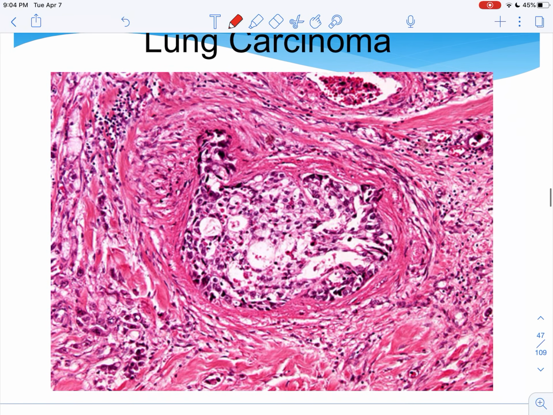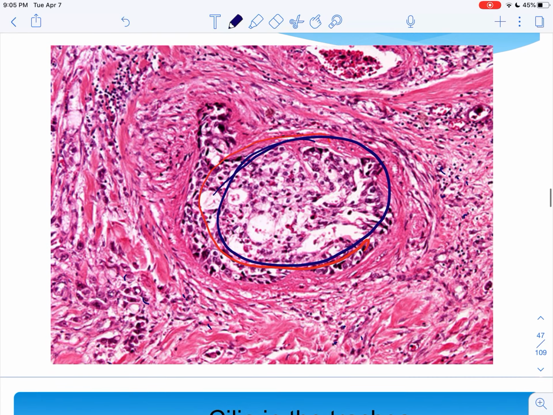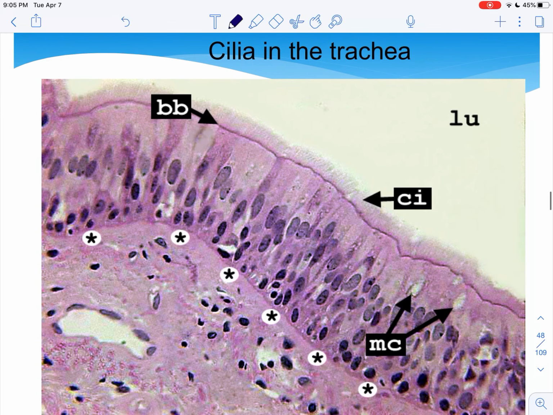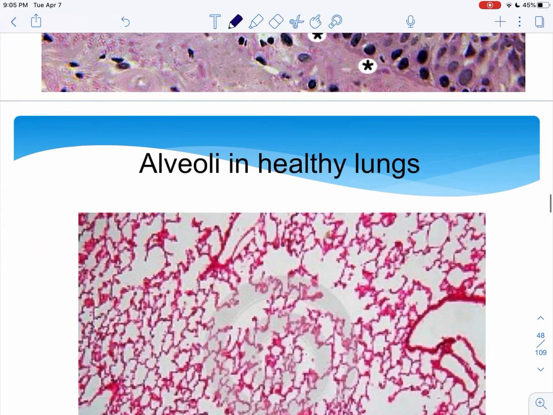When you look at the lung carcinoma, there's a mass that's growing here, and you can see that there's a lot of dark specks indicating that's probably some pollutants of some kind that are collecting in the alveoli. This picture is just showing you the cilia, which is found all the way down your nasal cavity, respiratory tract entirely. So trachea, bronchi, and bronchioles all have these cilia that will catch dust particles.